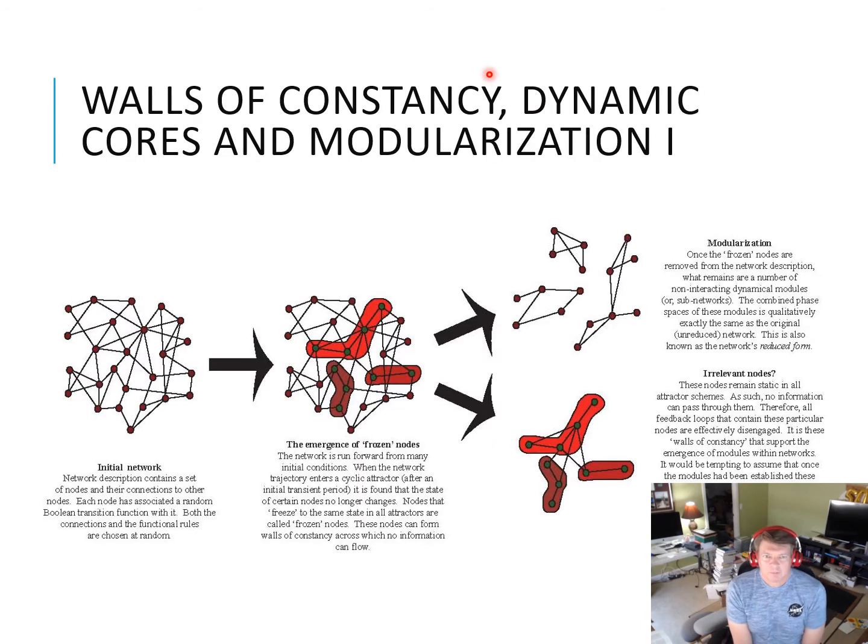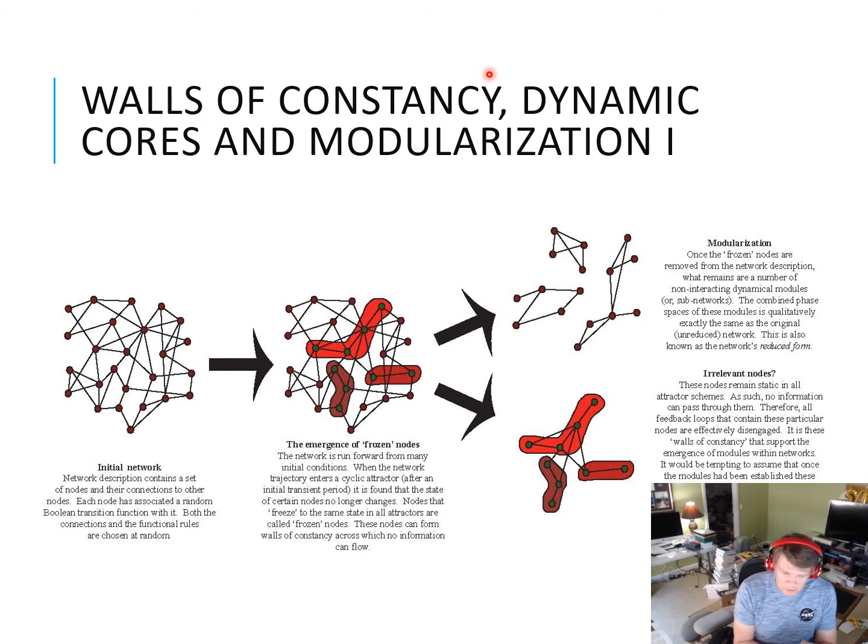So this diagram kind of comes from this in a slightly different way. This is showing us how these emergent networks, these dynamic Boolean networks, will evolve in such a way as to almost carve themselves up into separate sub networks. And this is a critical process.